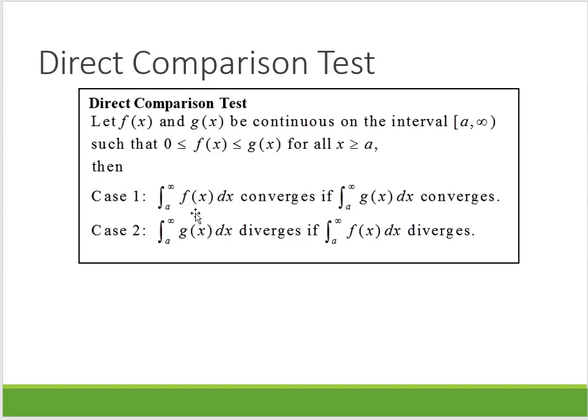If the bottom function converges, so if the function that is smaller converges, then the larger function also is going to converge. And if the bigger function diverges, that forces the smaller one to diverge. Hopefully this is going to make a little bit more sense once we go through some examples and how we're picking our functions and things like that.